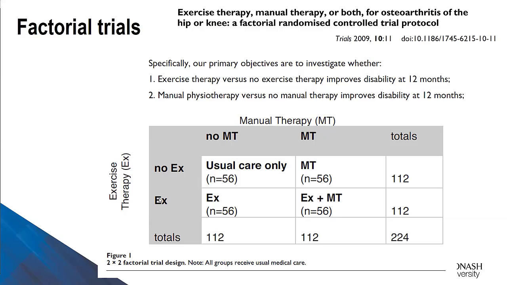So if we look along here, they're interested in how participants who received exercise therapy, irrespective of whether they received manual therapy, performed compared with those who received no exercise therapy. And similarly, they're interested in whether manual therapy versus no manual therapy is effective for disability.